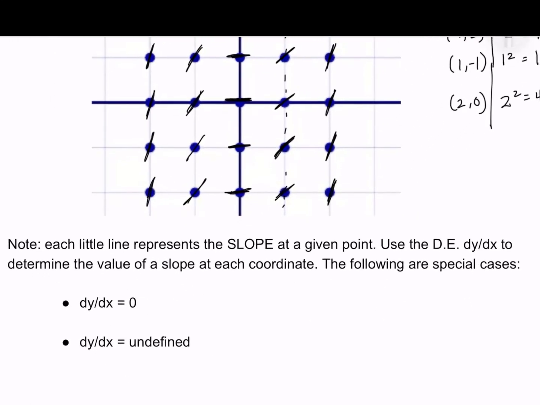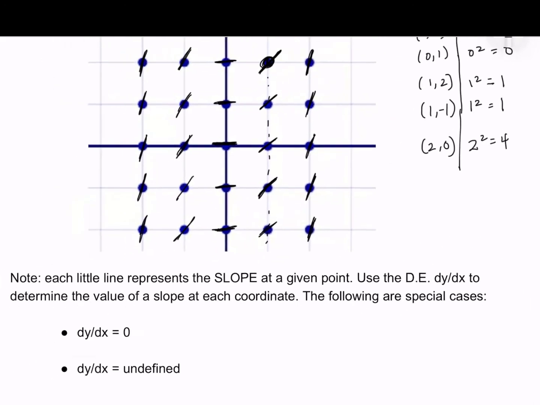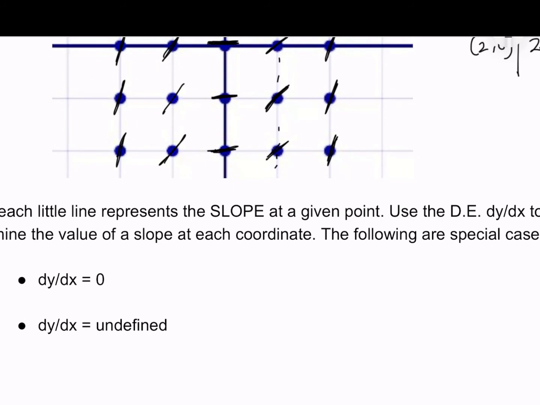I gave some little notes here. So remember that each little line is representing the slope at a given point. And when you connect those slopes, that will give you the equation for the solution for the differential equation. And the following are special cases. So when you have dy/dx equal to 0, like we did up here, then you're just going to draw a little horizontal line.